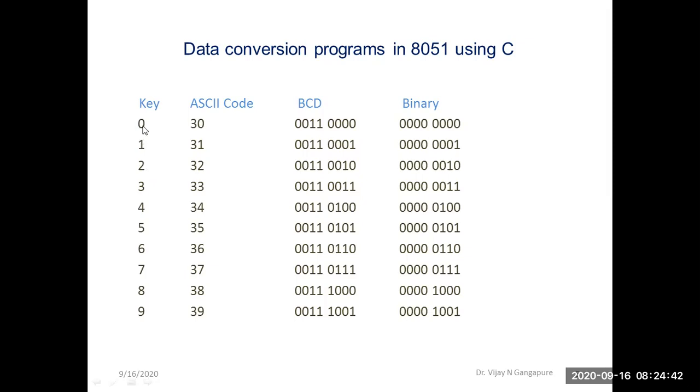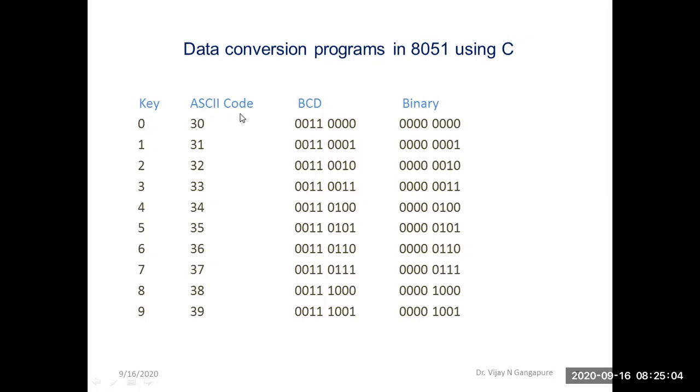Here these are the keys 0 to 9. We are concerned only with BCD numbers, so we have taken the number keys 0 to 9. The key 0 has ASCII code 30. ASCII means American Standard Code for Information Interchange, and ASCII code is normally 7 bits.